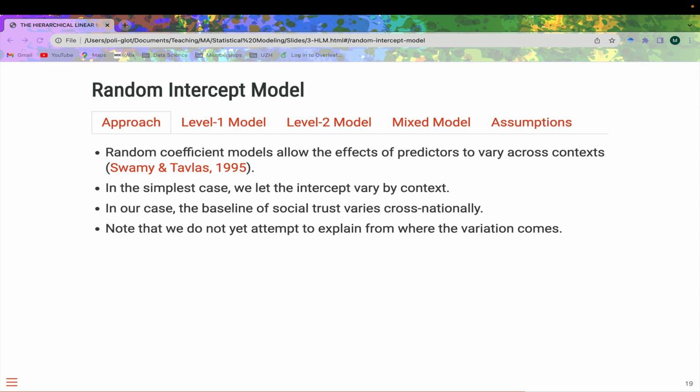We also add political efficacy there, so the individual deviations from that country level baseline are at least partially understood in terms of the respondent's level of political efficacy. We actually only register whether the baseline of social trust varies across countries.